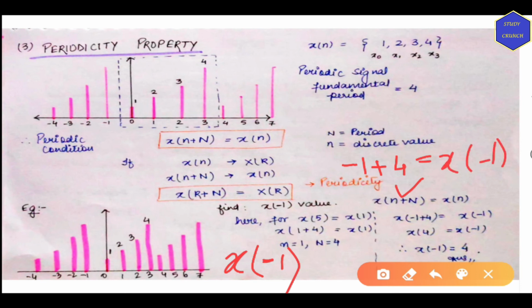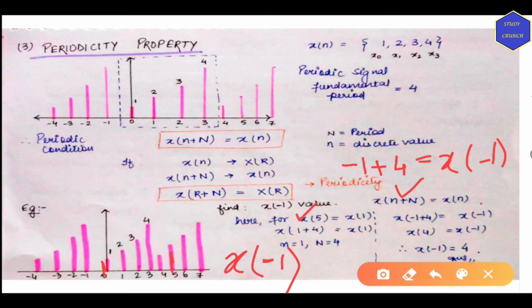For example, x of 5 is the same as x of 1, the same value, since we can write 5 as 1 plus 4, where N is equal to 4.